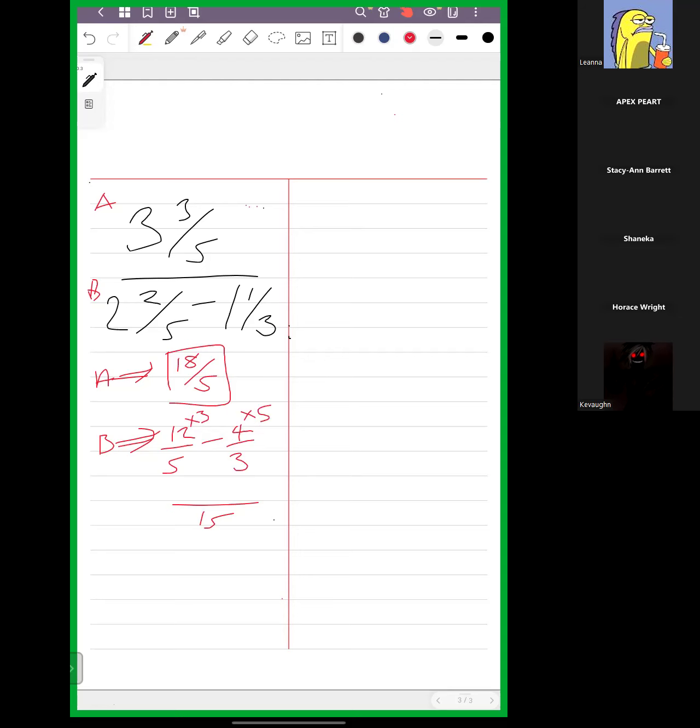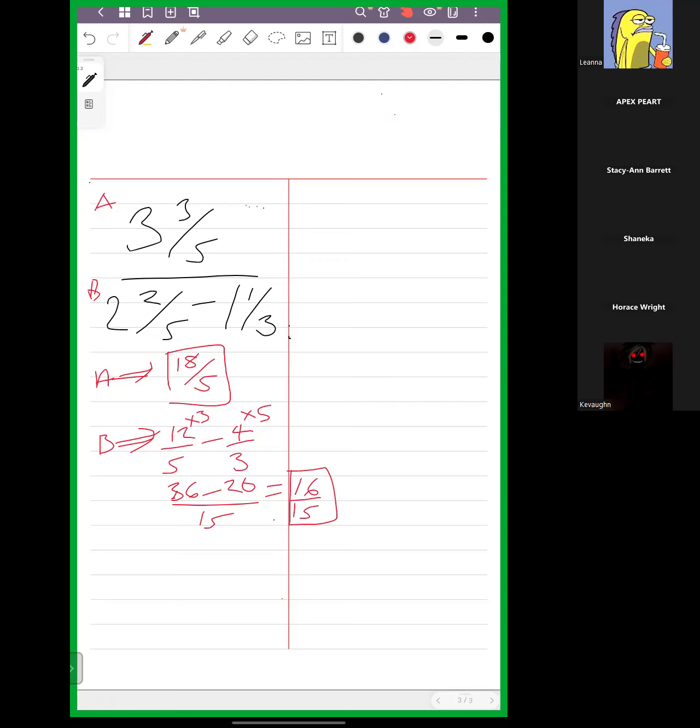So 3 times 12 is 36. And 4 times 5 is 20. So we end up here with 16 over 15. That is the answer for the bottom section of the problem.